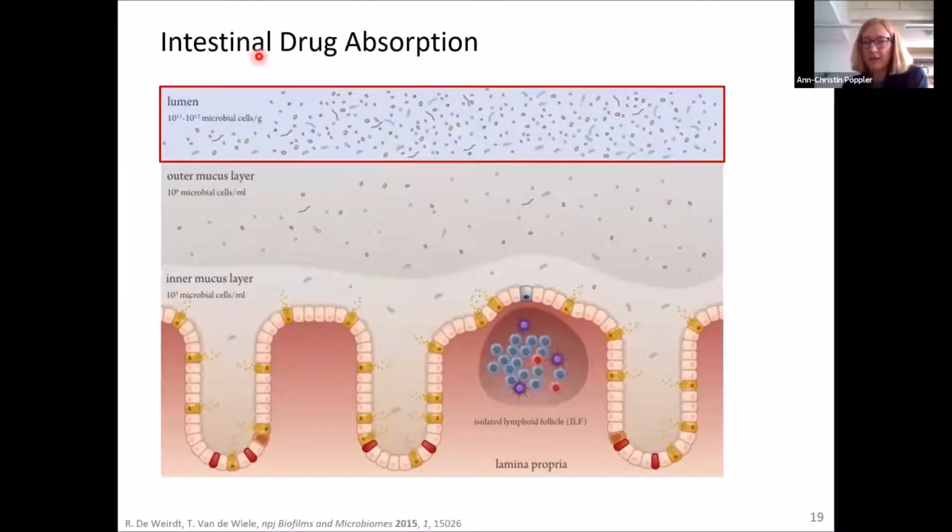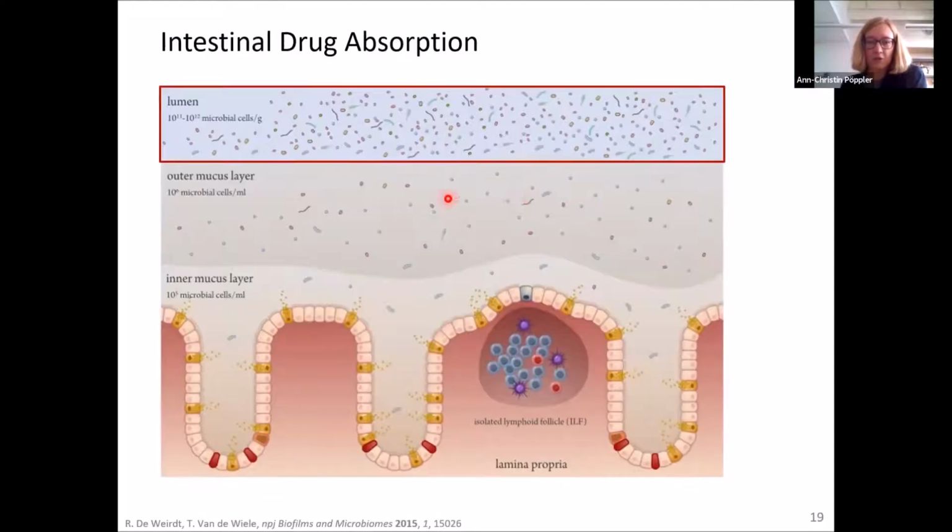If we think where this drug absorption takes place, we are now in the intestine, and we have a fluid layer, a mucus, an outer and an inner mucus layer, and then we have the step of permeability so that the drug can actually be taken up by the cells. And obviously in all these processes, first, our drug has to be released from, for example, our polymer matrix, otherwise it cannot do its action as it should.